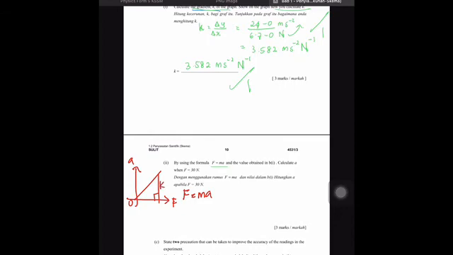This is your y equals mx plus c. Here the c is 0, so your A is equivalent to K times F plus 0. So you are going to find out your A.